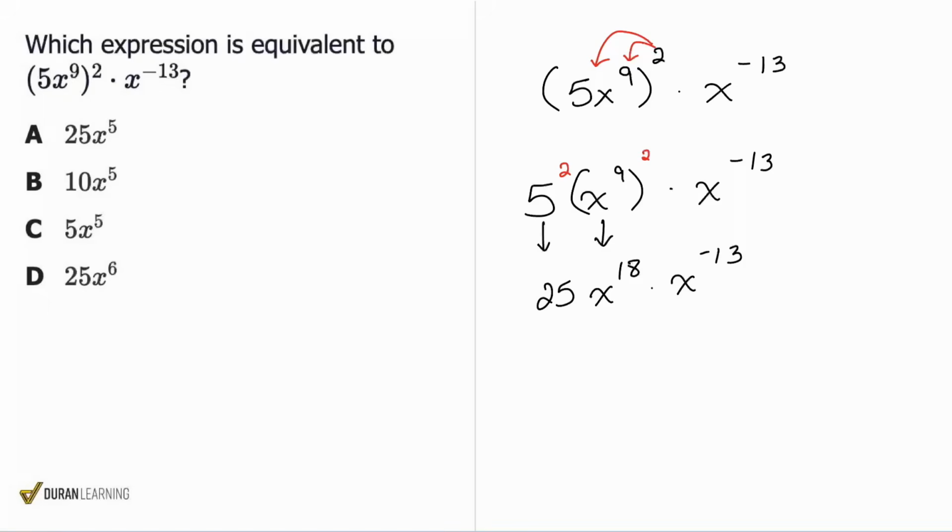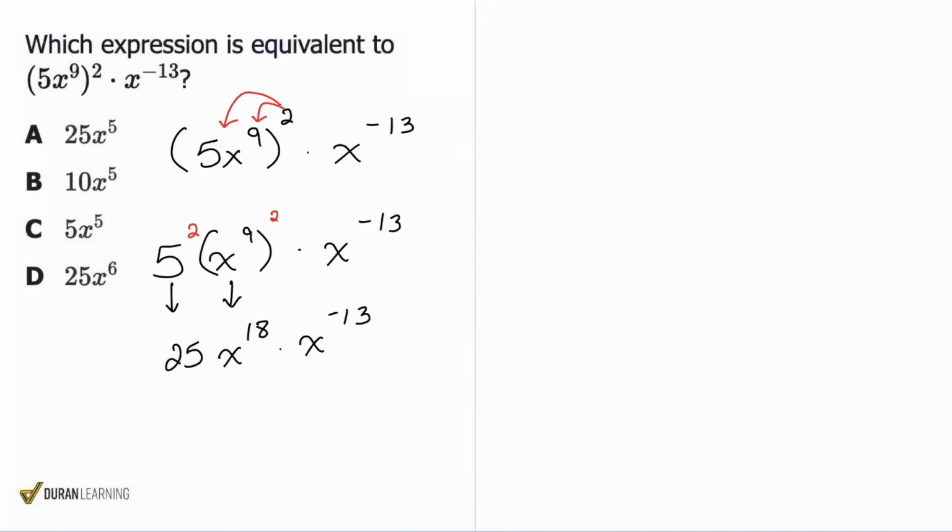There are two ways we can handle this, both achieving the same correct final answer. Let me first move this over here, allowing me a little more room. Once I duplicate this over there, booyah. All right, so one way that we can handle this is going to be moving the x to the power of negative 13 down here to make it x to the power of positive 13.